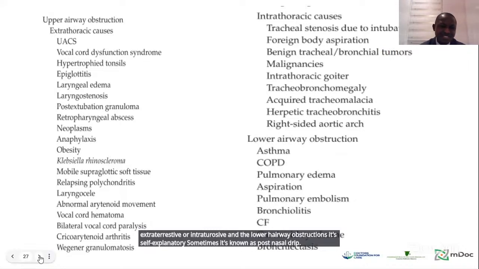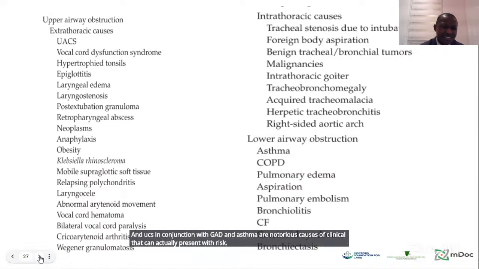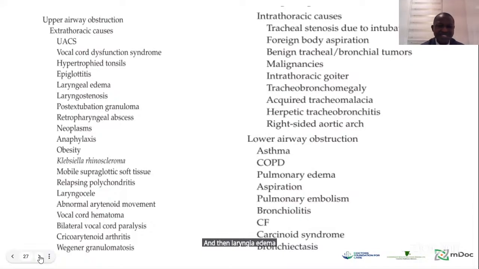And UACS, in conjunction with GERD and asthma, are notorious causes of chronic cough that can present with wheeze. And then laryngeal edema, anaphylaxis, obesity, down to asthma, COPD, aspiration, even carcinoid syndrome can all present with wheezing. Next slide, please.